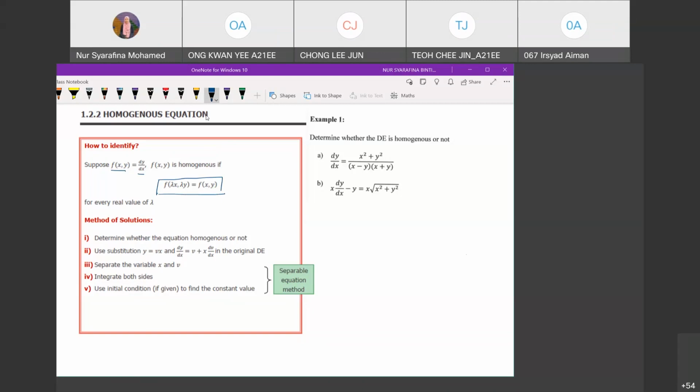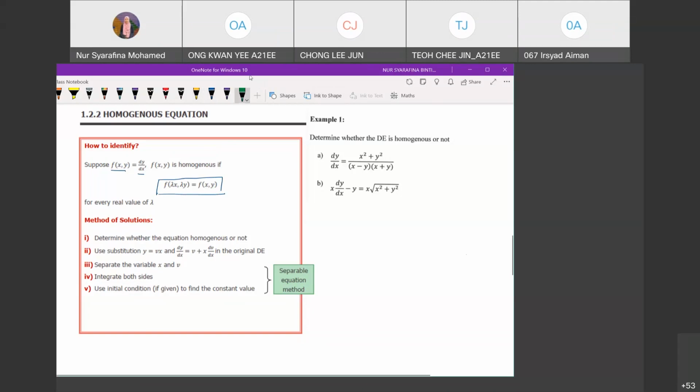So how can we show that a function is homogeneous? By substituting λx and λy in the function. And if you get the exact same function, f(λx, λy) equals f(x,y), then you can say that the function is homogeneous.